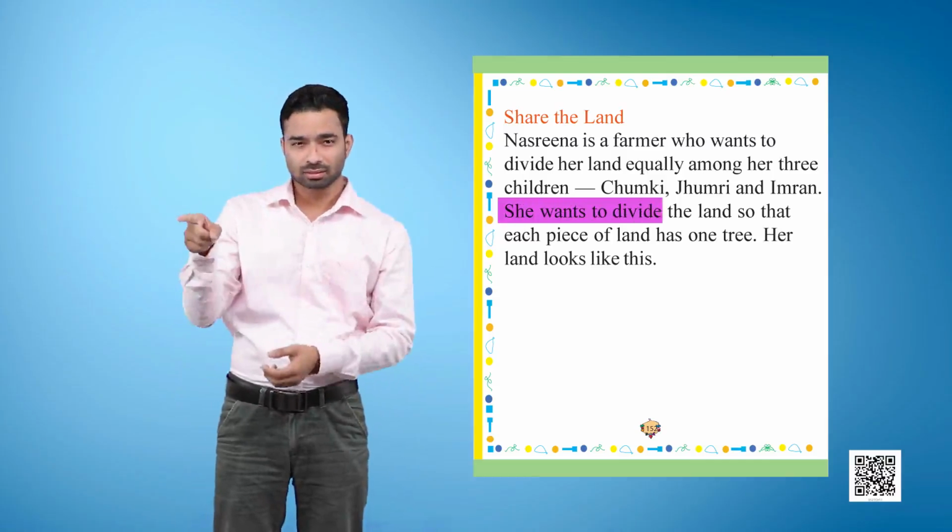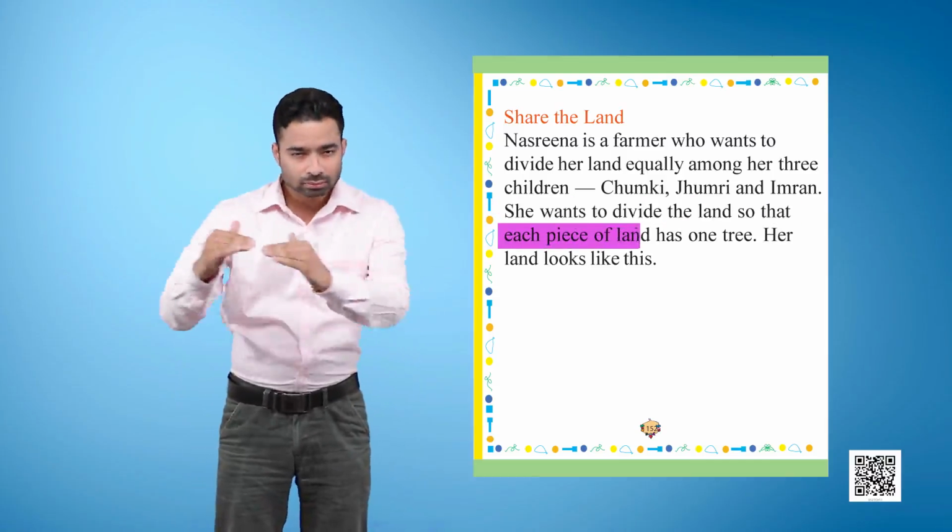She wants to divide the land so that each piece of land has 1 tree.